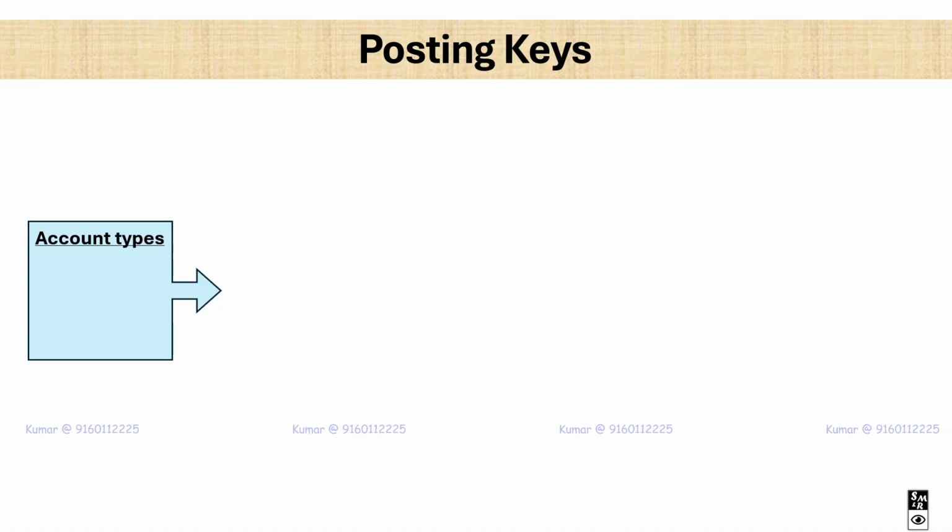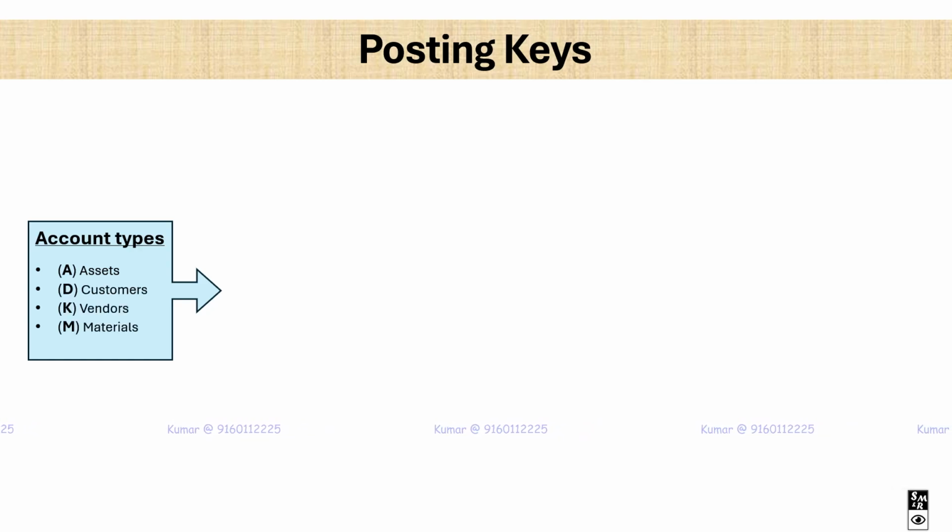So there are only 5 account types in SAP S4hana FICO. One is assets. Assets is recognized with one character A, customers with D, vendors with K, M for materials, and S for general ledger accounts. These are only the 5 account types which we can find out in FICO.